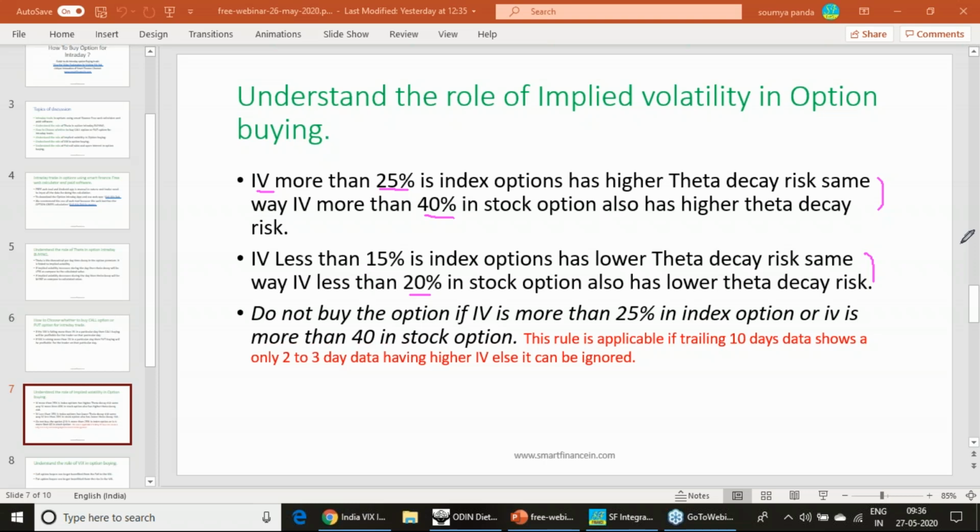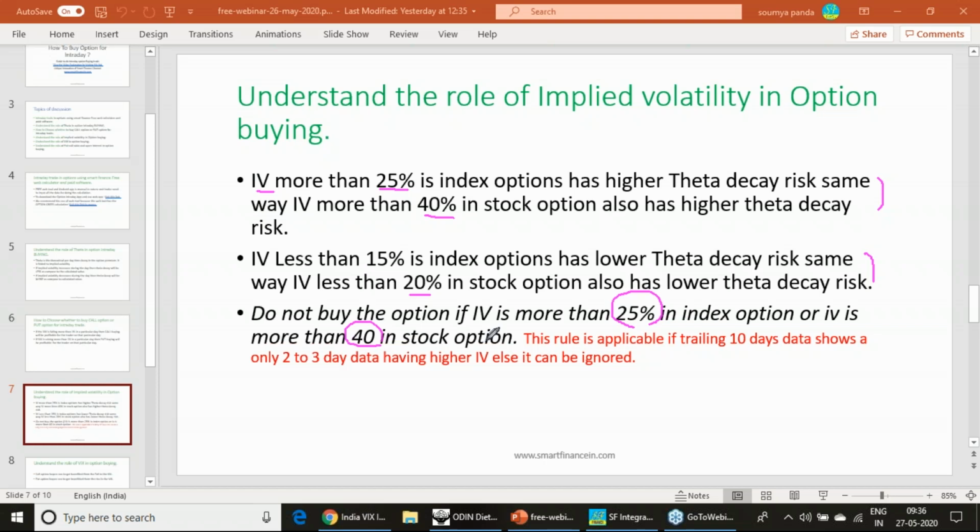So you have to be very careful while buying the option, because today we are discussing only buying of the option. So for that, I have given a rule here. If the IV is more than 25% for index options and more than 40% for stock options, do not buy it. But this rule is an optional rule.